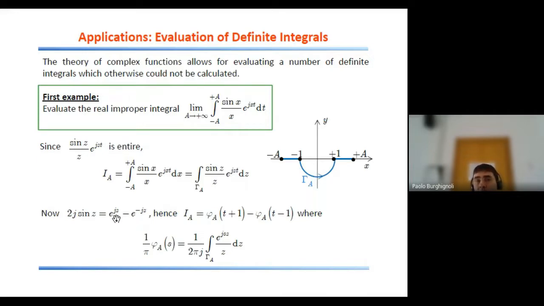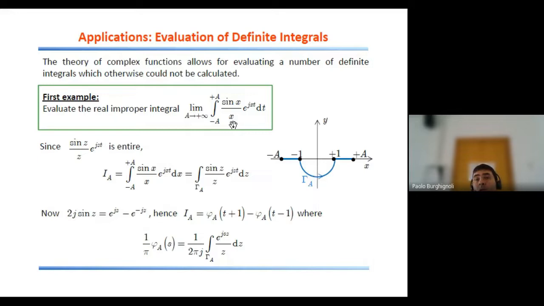If you do that, imagine replacing the sine function with this linear combination of complex exponentials and then splitting the integral. Each of the two resulting integrals would have an integrand with a pole singularity at the origin, because in this case we would have an exponential in the numerator instead of the sine function divided by z.